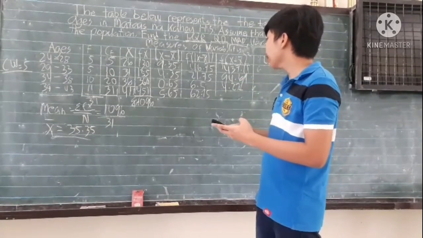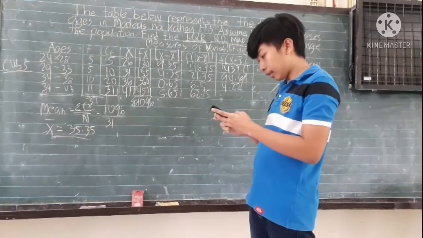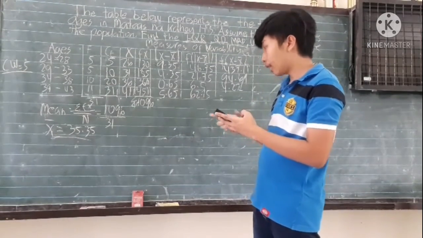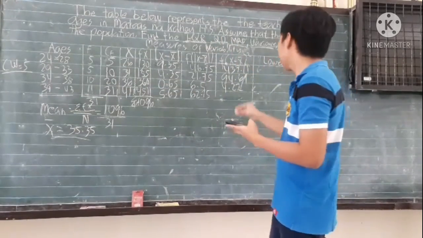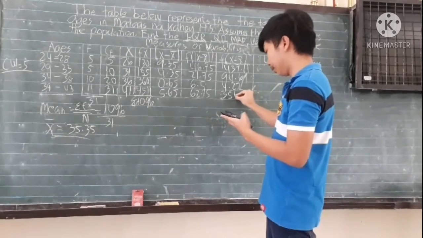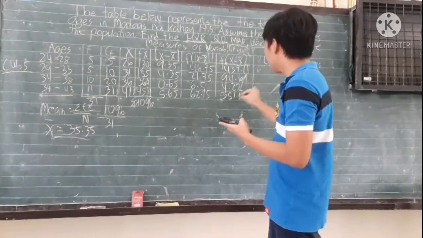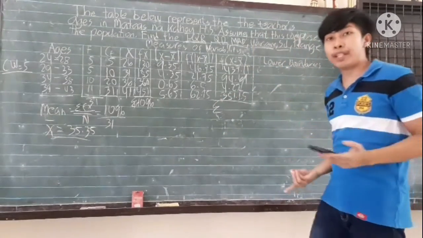Then 5.65 squared times 11, 351.15. So we need the summation of these, and we will use it later.